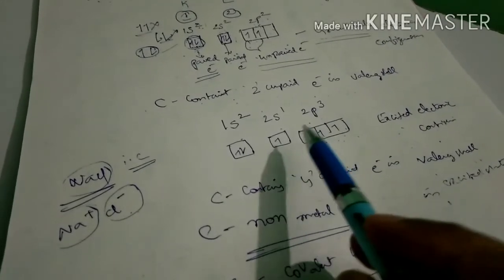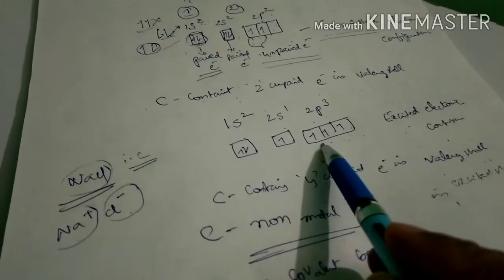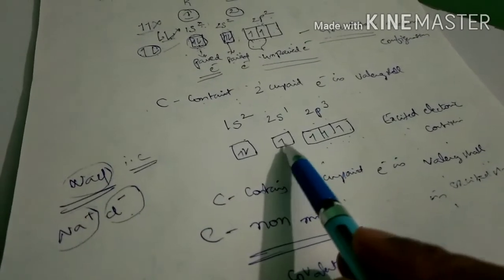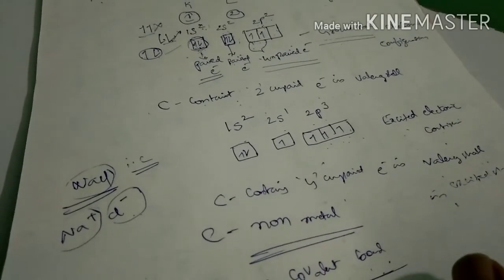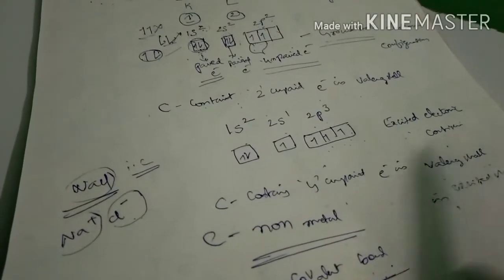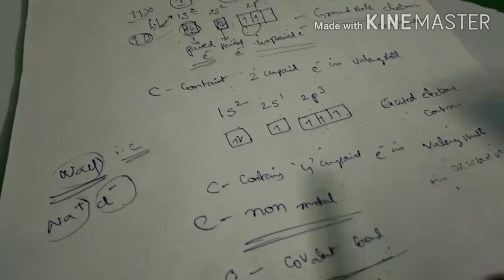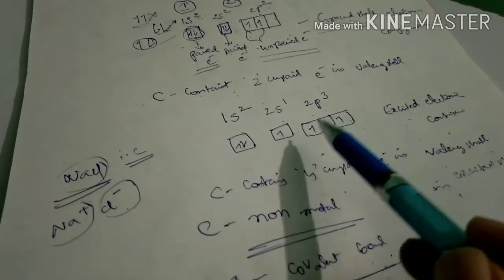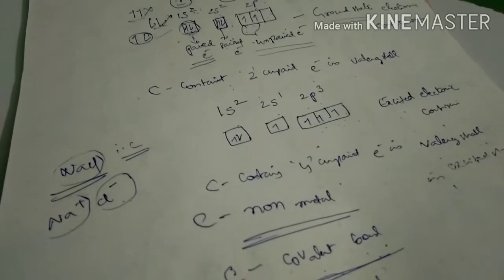So that carbon can form 4 bonds. If suppose it is having 2 unpaired electrons in valence shell, it can form only 2 bonds. If it is having 3 unpaired electrons in valence shell, it can form 3. If it is having 5 electrons in its valence shell, it can form 5. But here only 4 electrons are present. So it can form only 4 bonds with other atom.